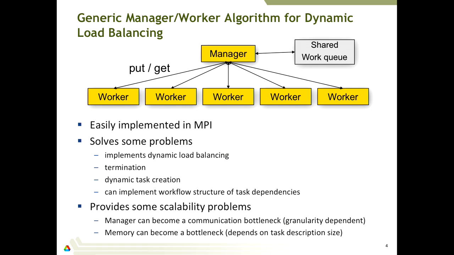And also, if we assume here that the manager is the one who keeps track of all the work, if there are lots of work units and maybe the description of a work unit is a large thing, then you're making the one manager handle all the memory, and that gives another type of bottleneck.